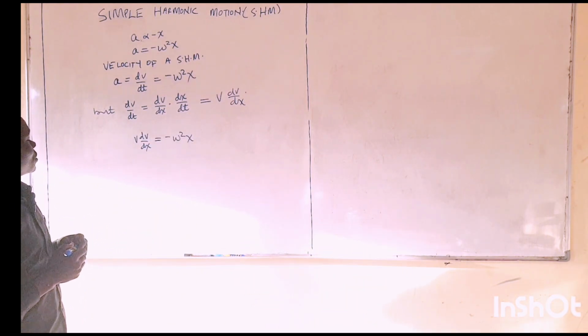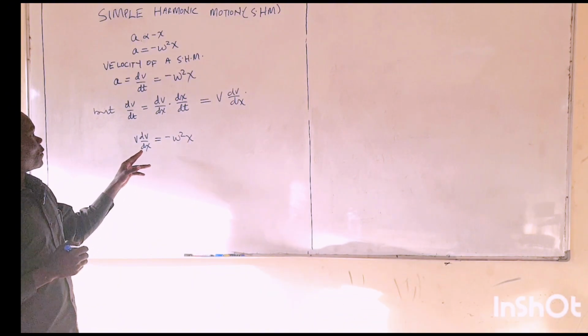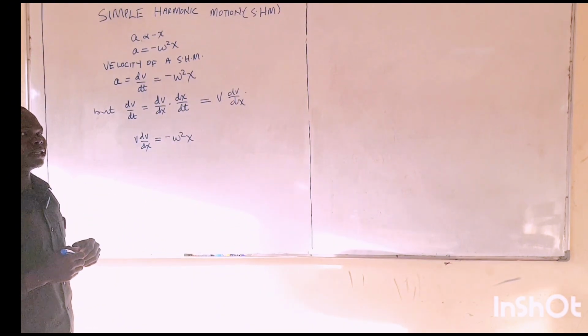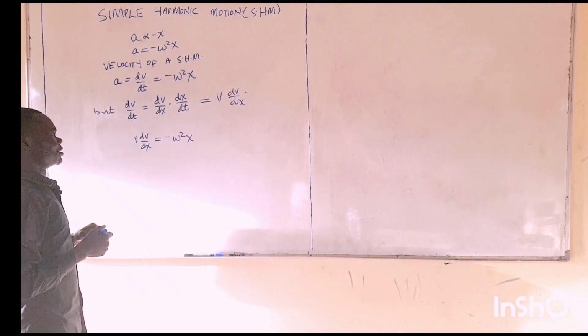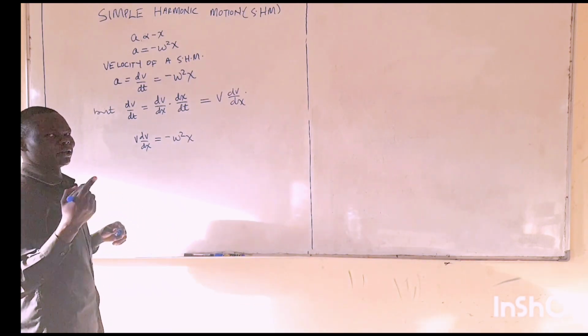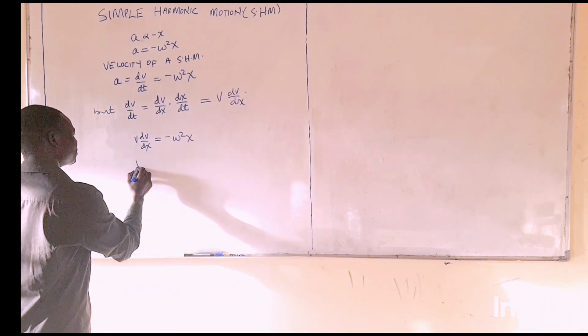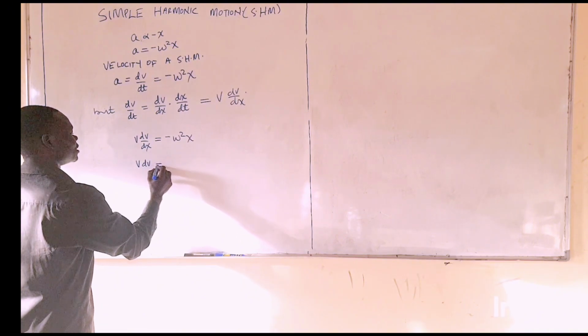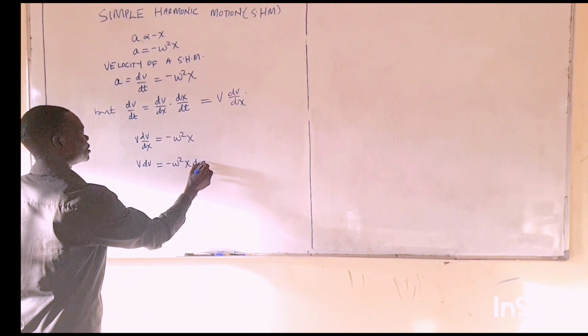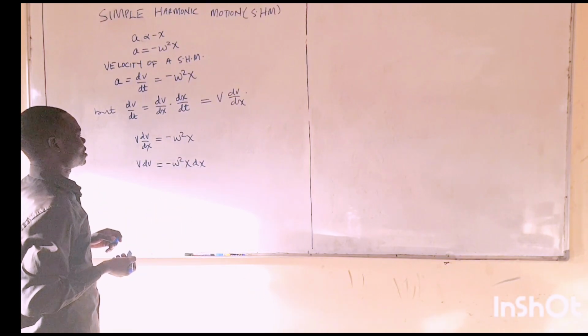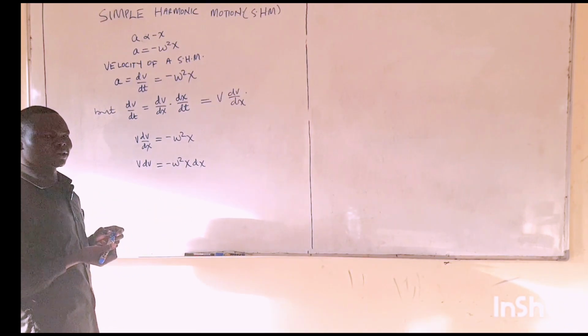So this is our equation, and we shall take this dx there, so that afterward we do integration. In other words, we leave v on its own. So v dv is equal to negative mu squared x dx. This is by cross multiplication, and from here we shall now introduce integration.